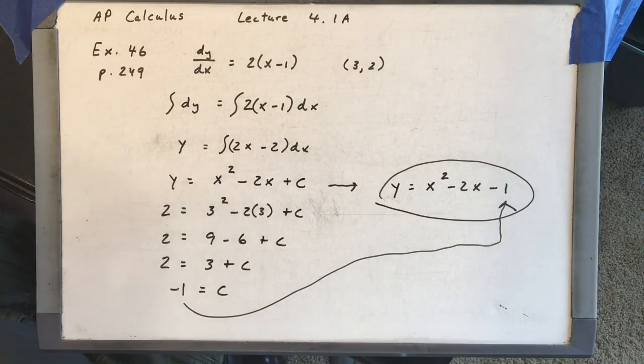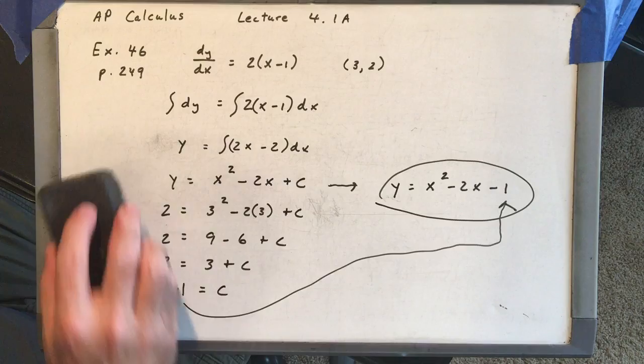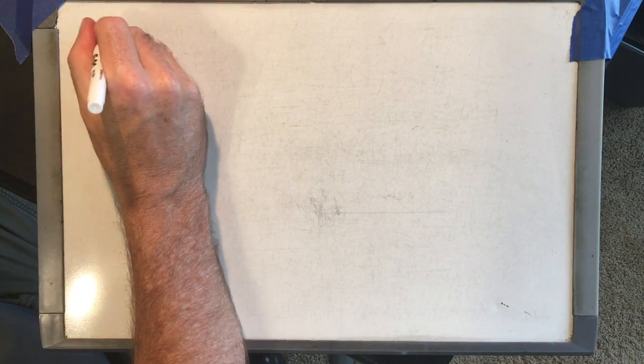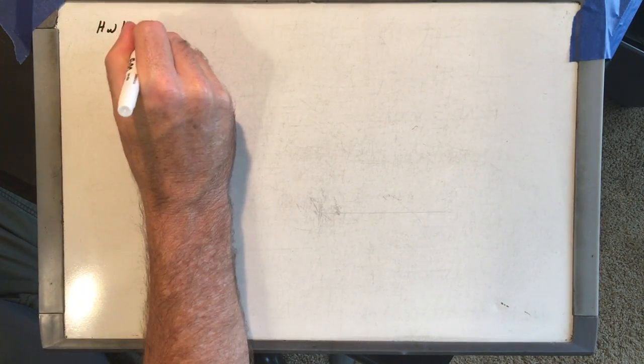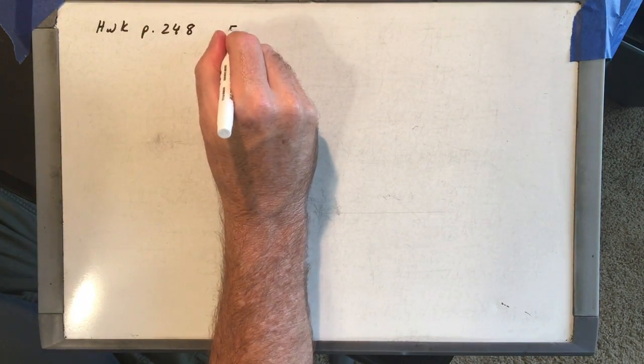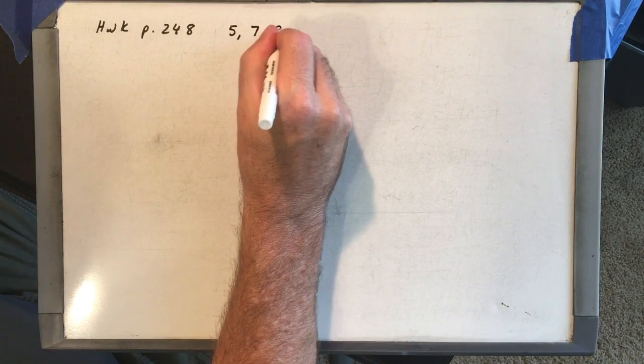Let me write down the homework. Of course, the homework will be on Microsoft Teams. It'll be on the Weebly website. There are no even answers to give you. But I'm going to go ahead and write the homework here so that's convenient for you. We're on page 248. I want you to do 5, 7, 9.